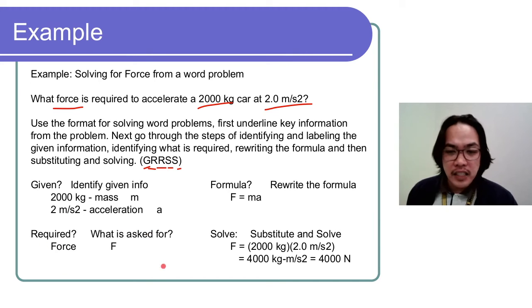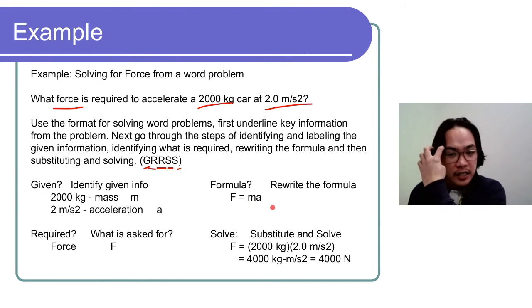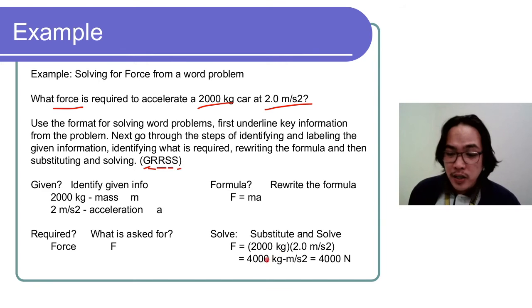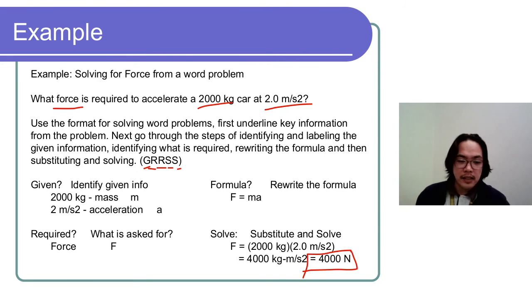Required, or what you are asking for, is force. Write the formula for force, that's mass times acceleration. Substitute the given numbers, so that's 2,000 times 2, 2,000 for mass, and 2 for acceleration. You'll have 4,000 kilogram meter per second squared, or shortened to 4,000 Newton. Okay? So that's how simple it is.